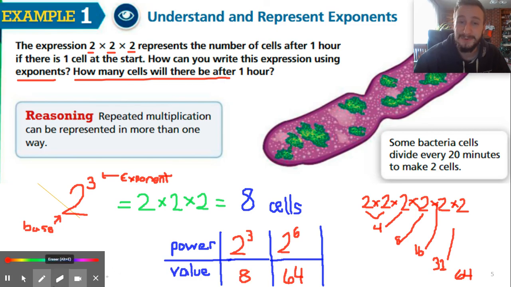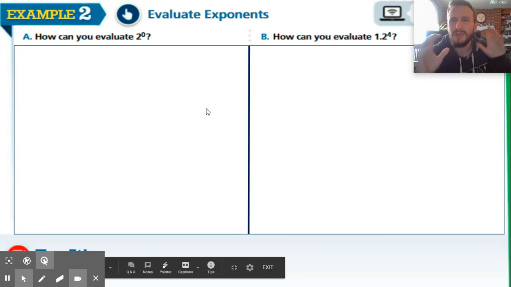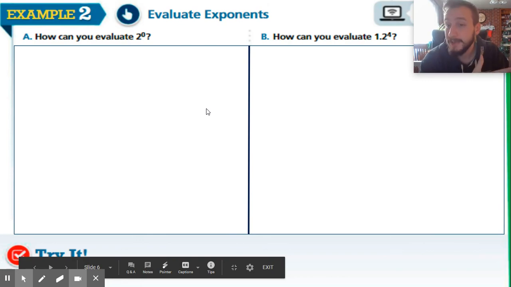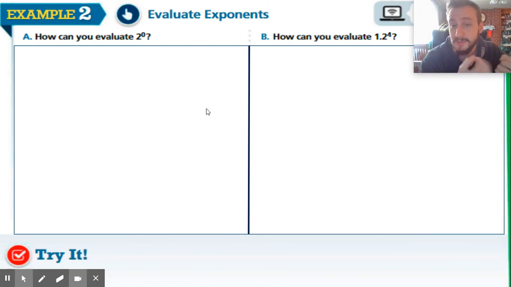Let's try some more examples. Exponents can be just regular numbers, but we can also use fractions, we can also use decimals, and sometimes your exponent won't be just a regular number, it'll be 0. So let's look at how those types of numbers affect one another when we're looking at exponents.